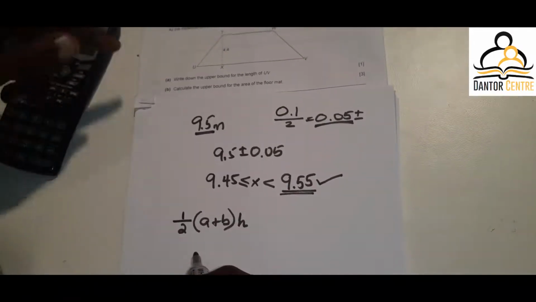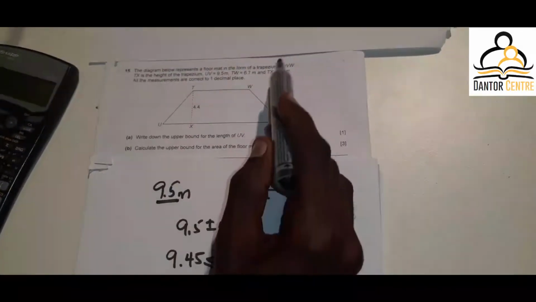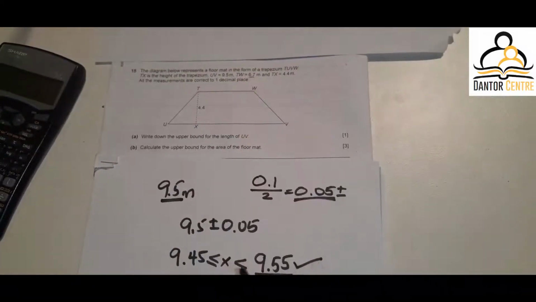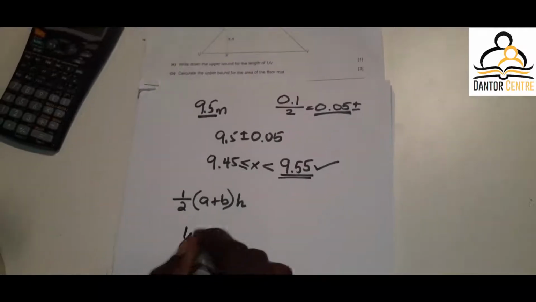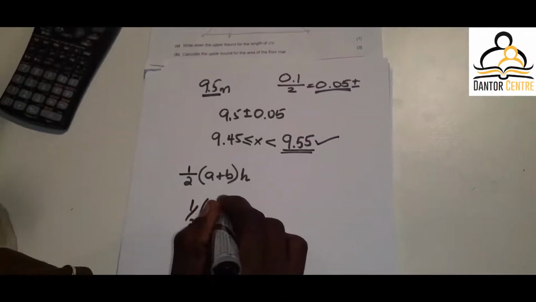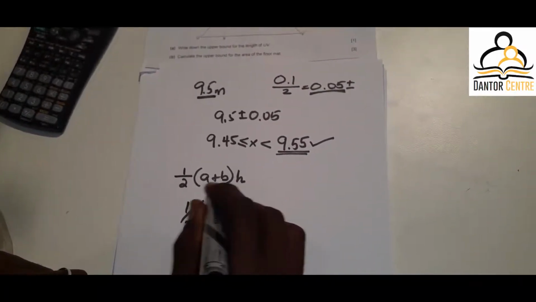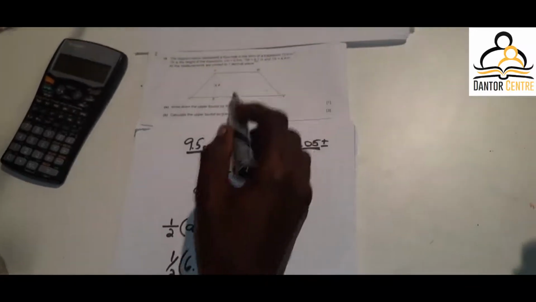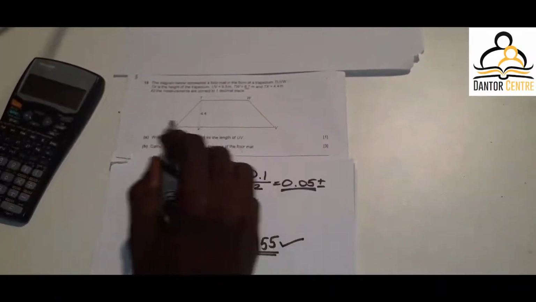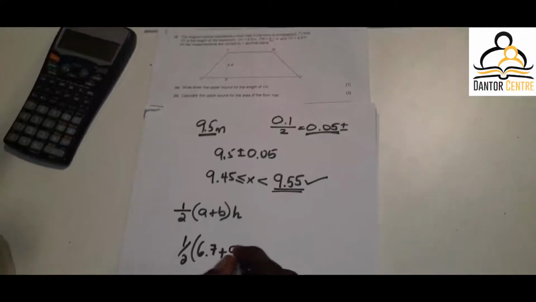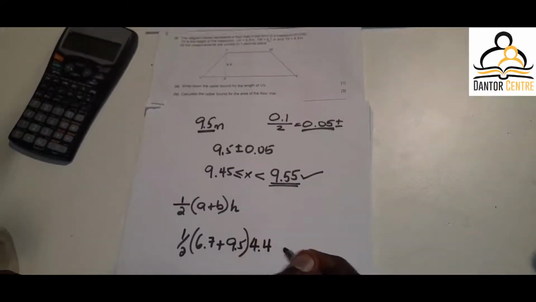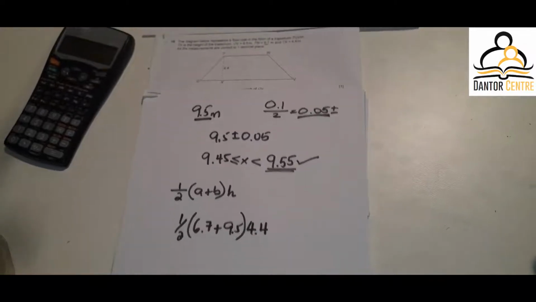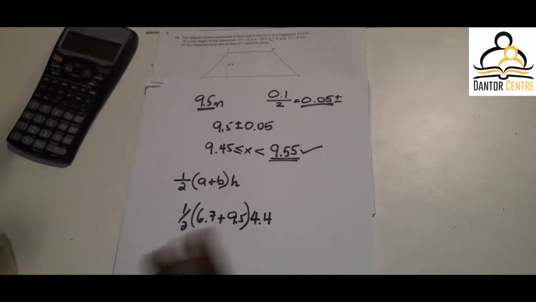So it's our TW there, which we are told is 6.7, which means it's going to be half of 6.7 plus our B, which is the one below, which is UV. UV is 9.5 multiplied by the perpendicular height, which is 4.4. Now look at this one. We are told that we should calculate the upper bound area.